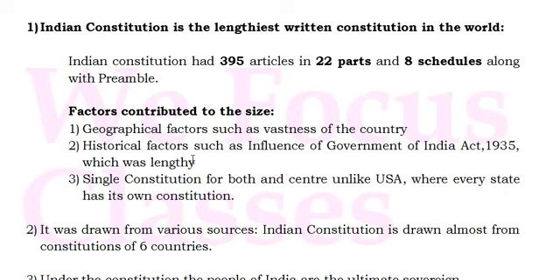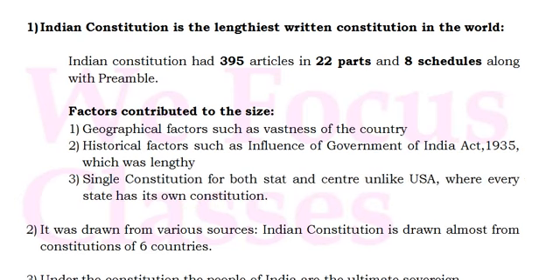And what we had is a single constitution for both the center and the states. We don't have a separate constitution for Maharashtra, for Uttar Pradesh, or for some other state like Rajasthan.